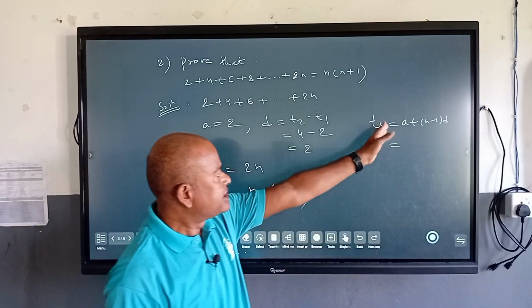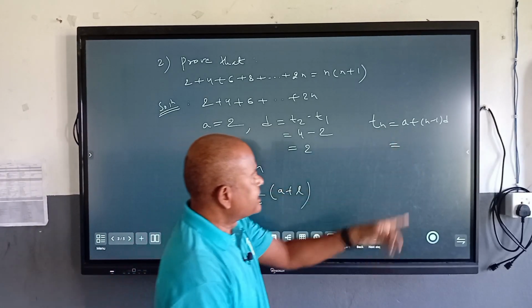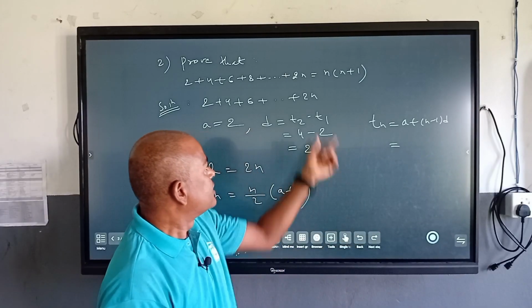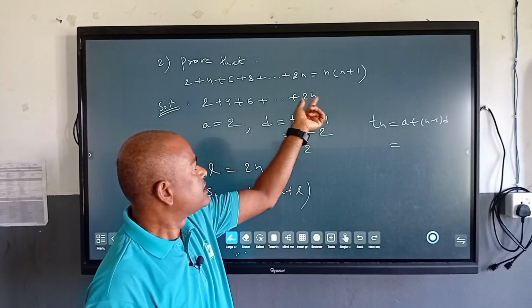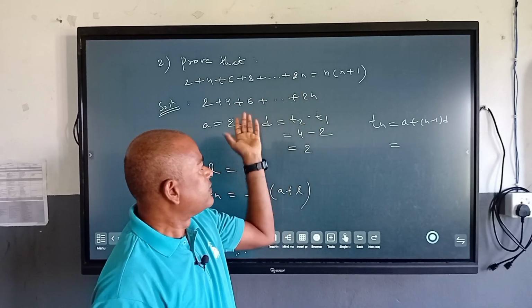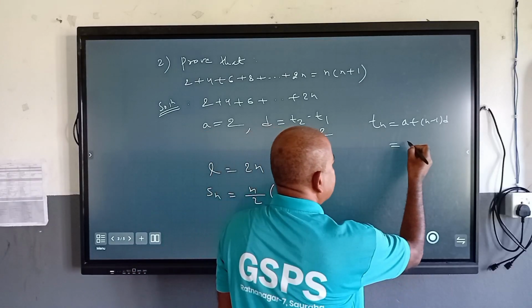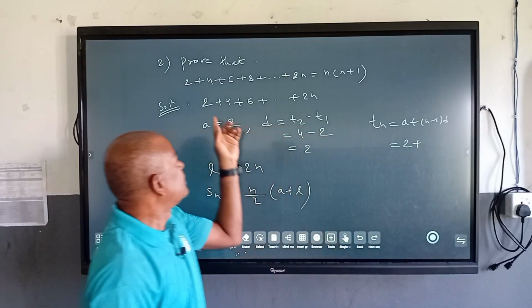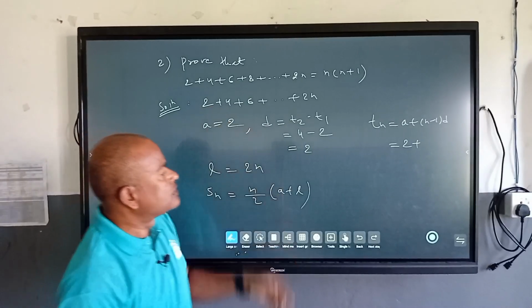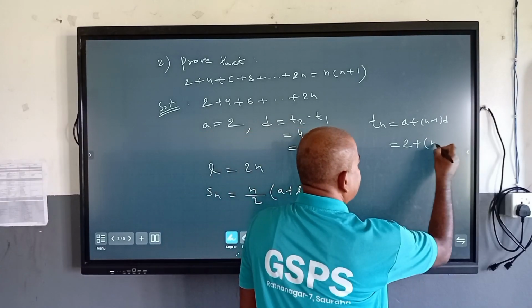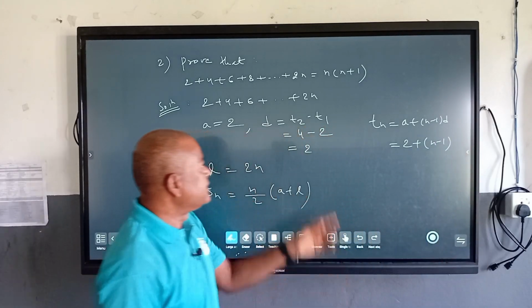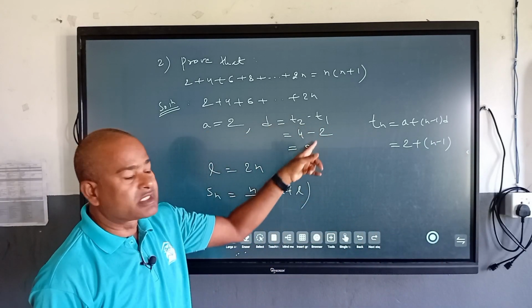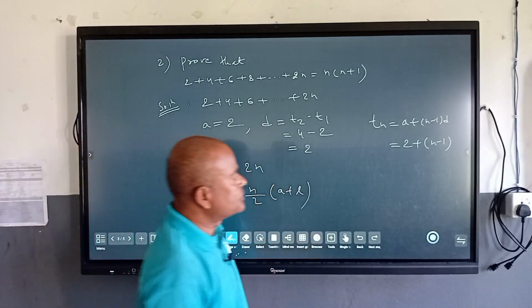Tn is a plus n minus 1 into d, which will give us the general term of the given series. A is 2, the first term, plus n minus 1. The common difference we have found, d equals t2 minus t1, which is 2.